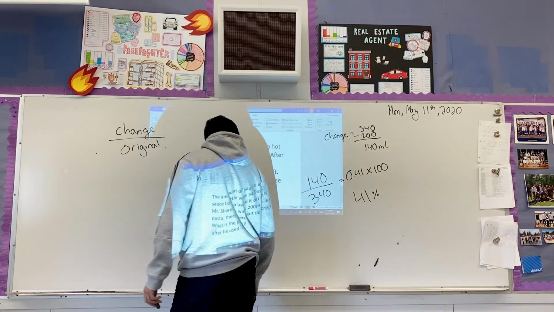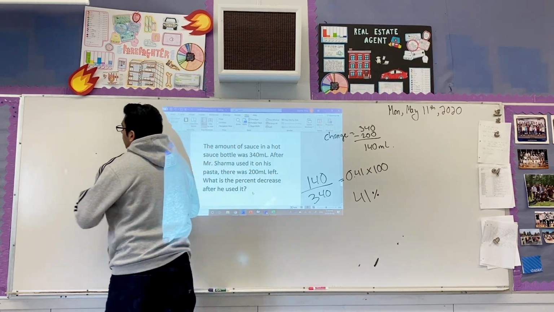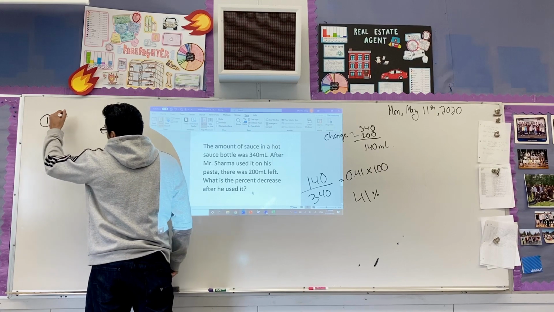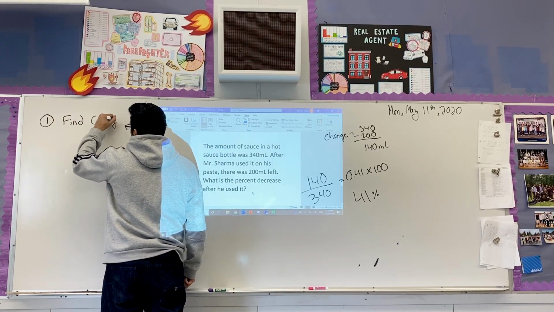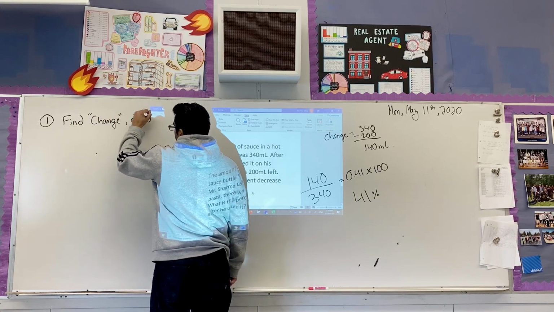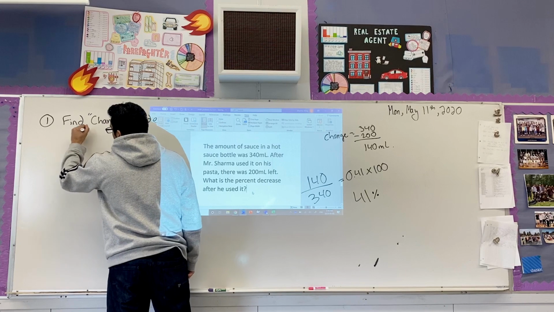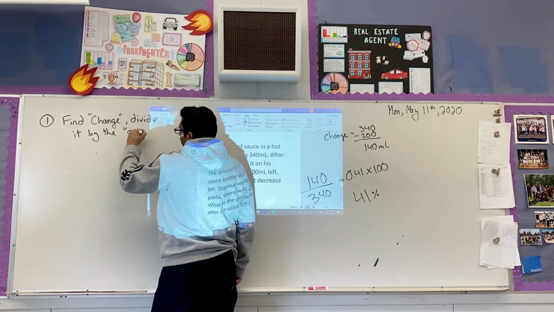So if we were to write some steps for this, step 1 would be find change, and then divide it by the original.